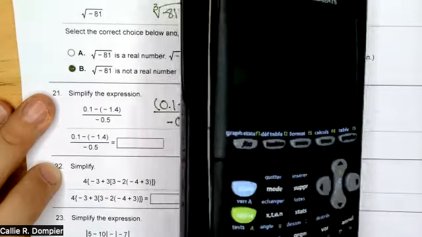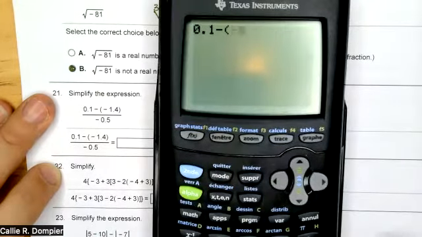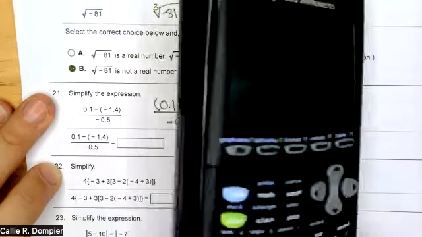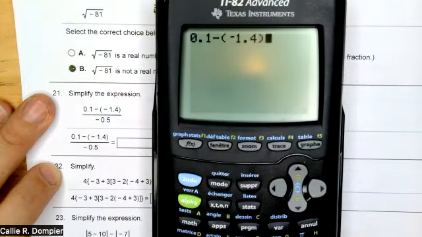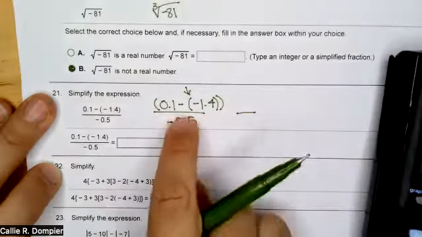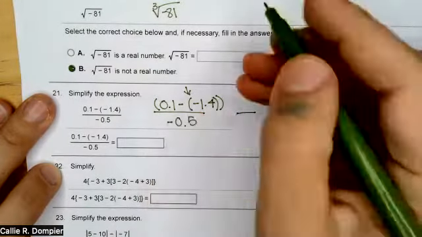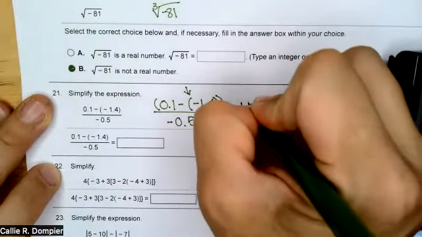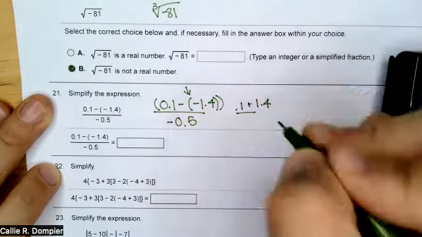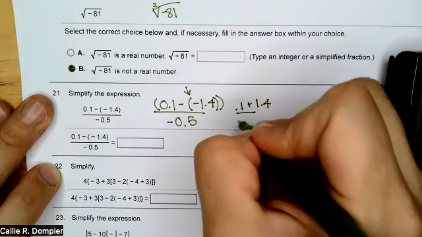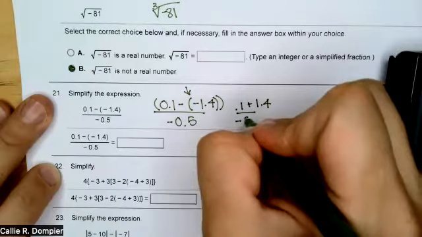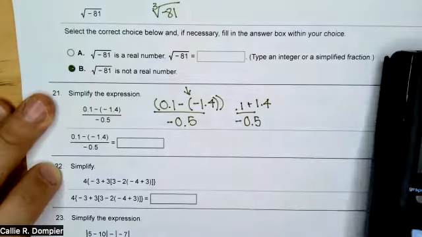0.1 minus negative 1.4. It's positive 1.5 because subtracting a negative is a positive. So it's 0.1 plus 1.4, which is 1.5, divided by negative 0.5.